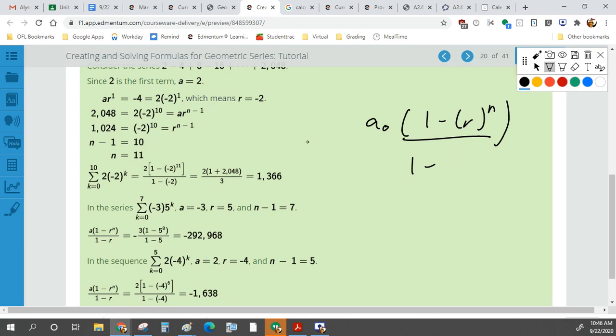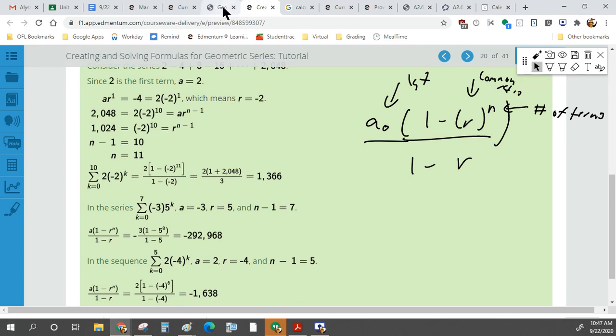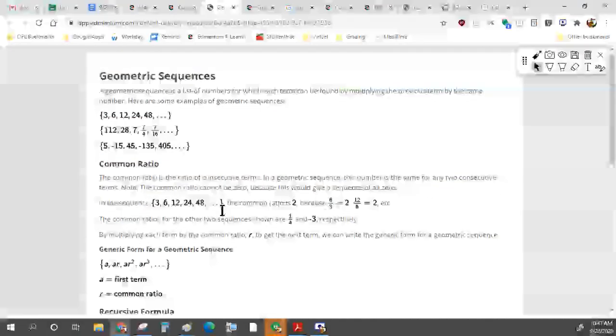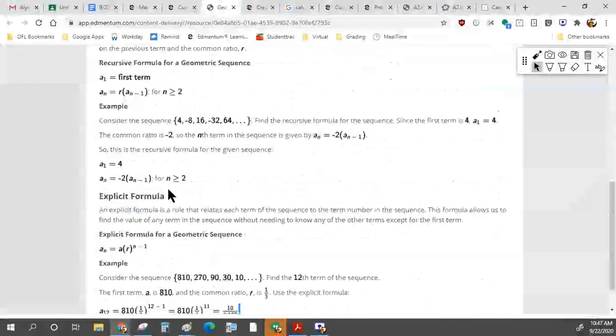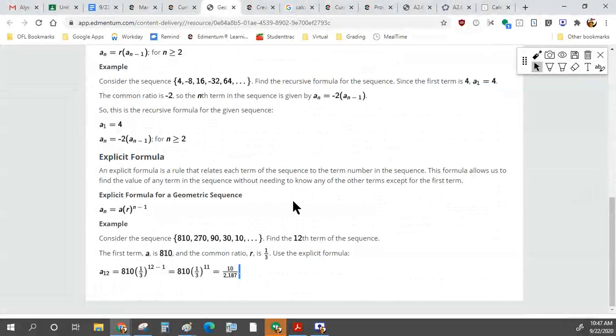If you guys have trouble understanding the variables, just remember a sub 0 is the first term. R is our common ratio. It's what we're always multiplying by. And n is the number of terms. I believe they describe it in that sheet I told you guys to print out. They describe most of them. I think they don't describe n. Oh, n is the number of terms in sequence. It's there, just kind of weird.